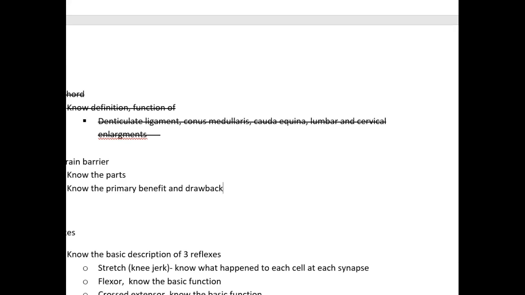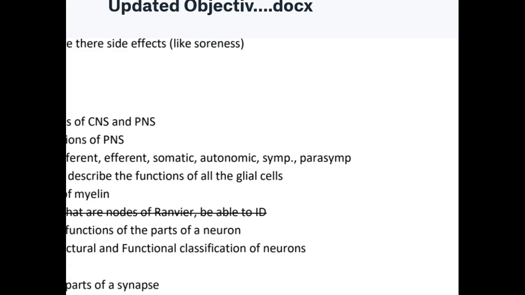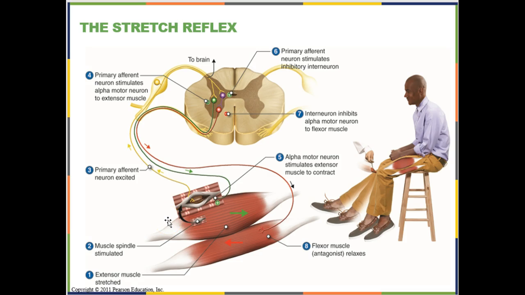That file, which is in Dropbox, has been updated, just so you know. Whoops, let's go back here. So the blood-brain barrier I added, and then I took out the spinal cord because we don't cover that in lecture anymore. There's a bunch of stuff that we've just cut out, and I've simplified to a certain extent the reflexes by cutting one of the reflexes out.